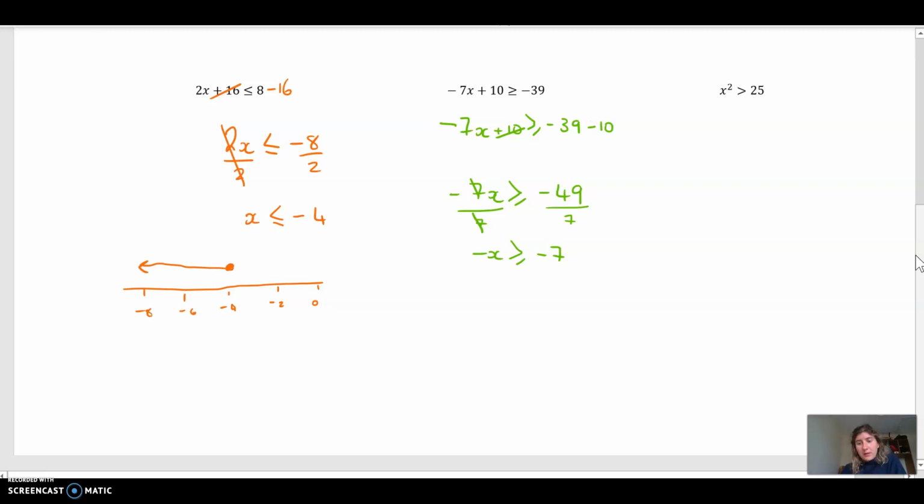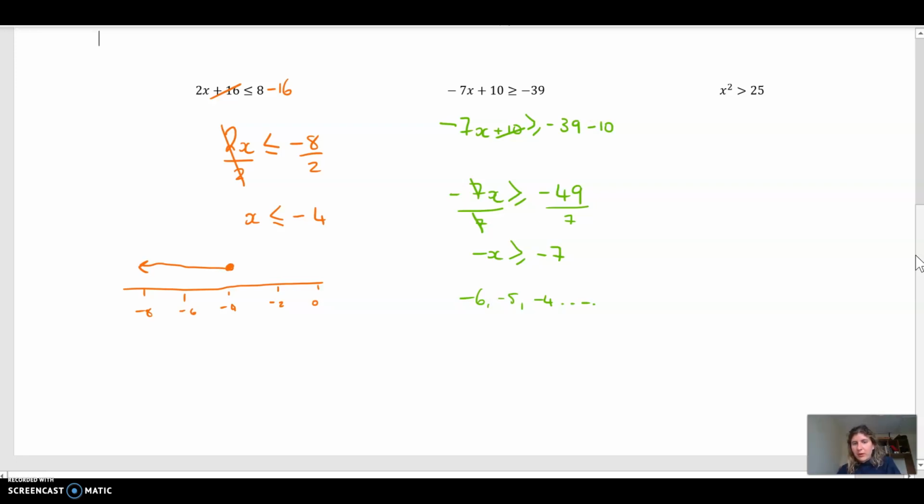Well, I know numbers that are bigger than -7 are -6, -5, -4, etc., getting bigger, more positive, or closer to 0. So what kind of a value could x be? Now, if I know I've got -x, what could x be to make -6?